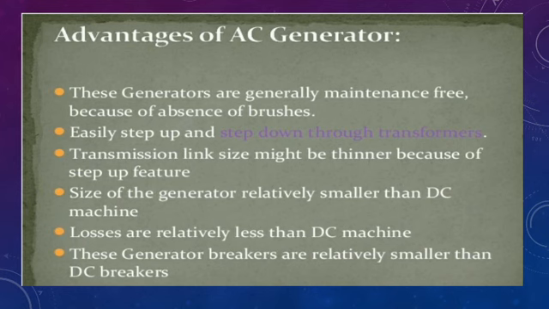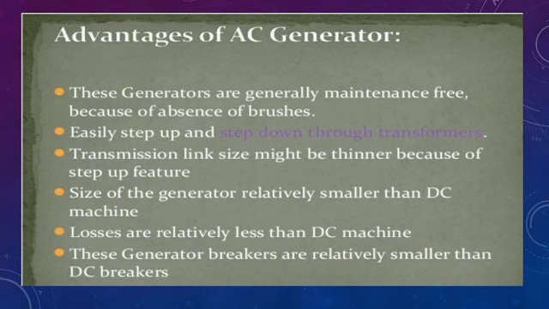Transmission line size can be thinner because of the step-up feature. The size of the generator is relatively smaller than a DC machine.